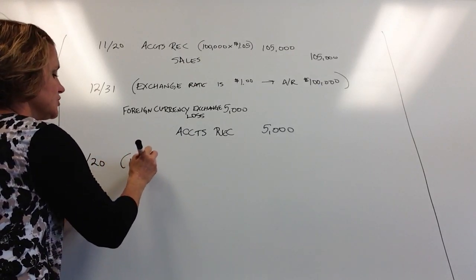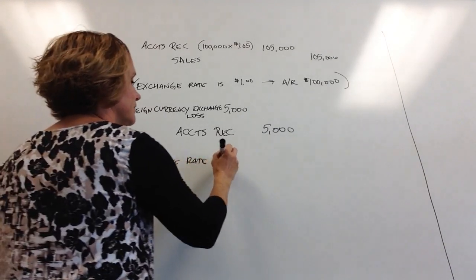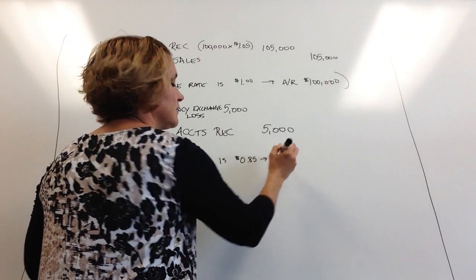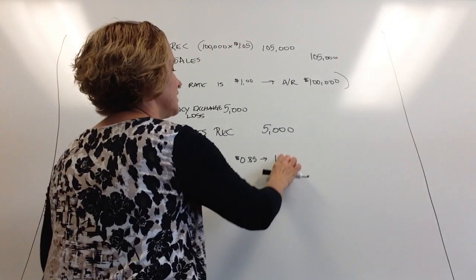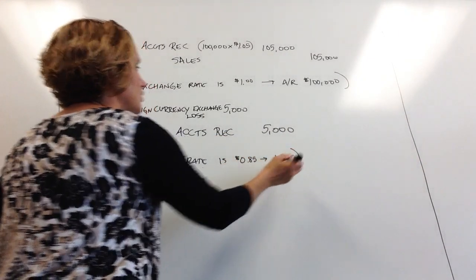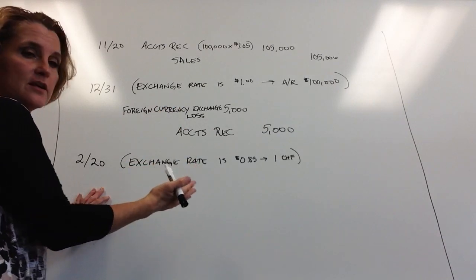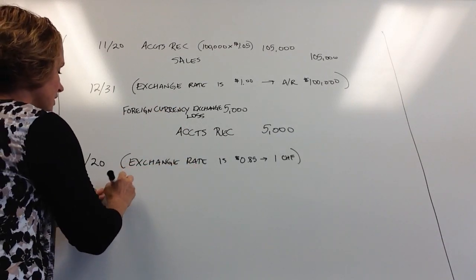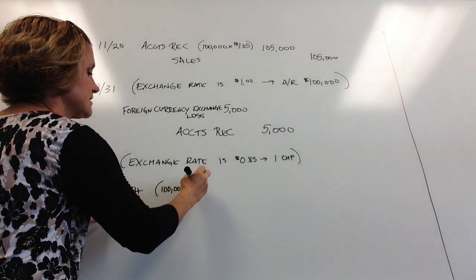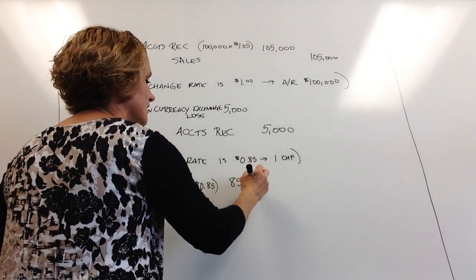Now the exchange rate has gone down even more. So when they go to pay us, they're going to pay us 100,000 Swiss francs. So we're going to get cash at the 100,000 Swiss francs times 85 cents. So we're going to get $85,000.